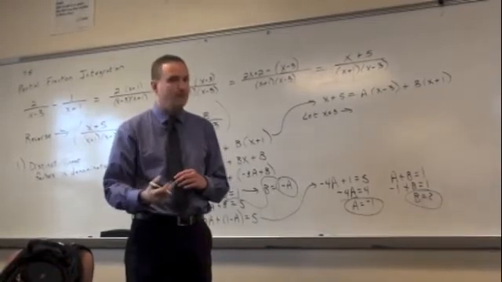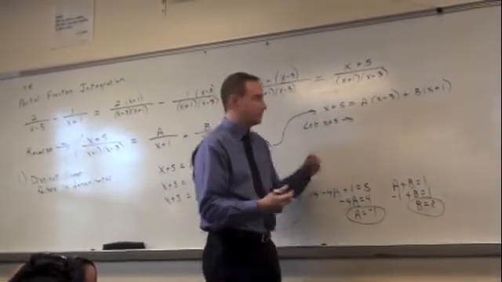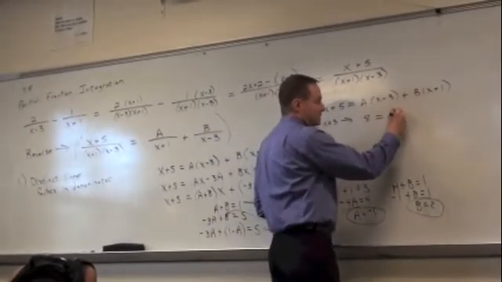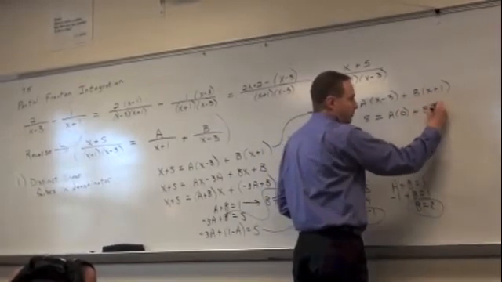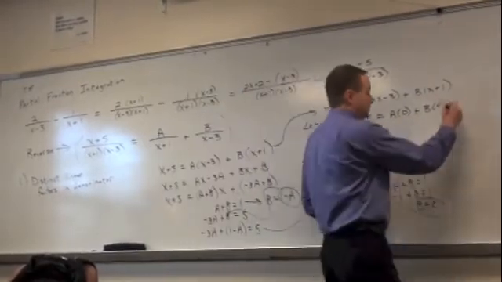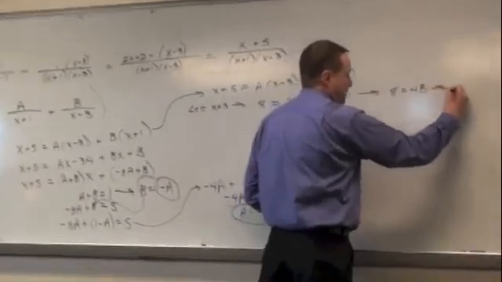I promise you it will be on other problems. If x is 3, your left-hand side is 8. This side is going to become a times 0 plus b times 3 plus 1, which is 4. So I got 4b is 8, which tells me b is 2.